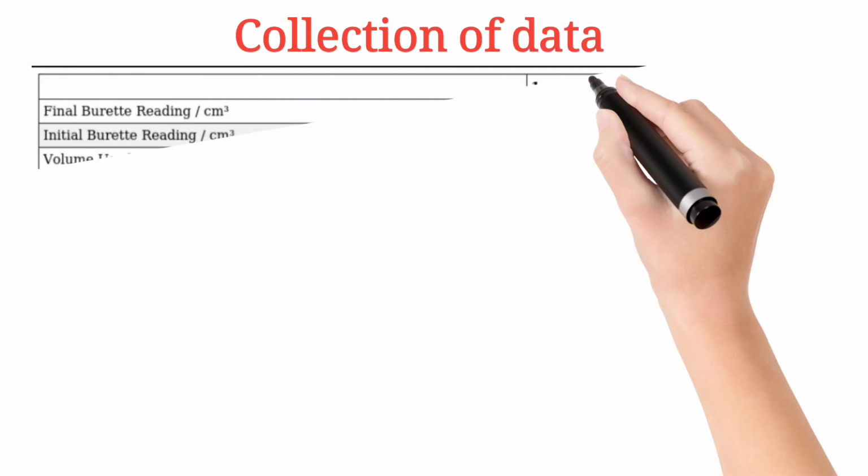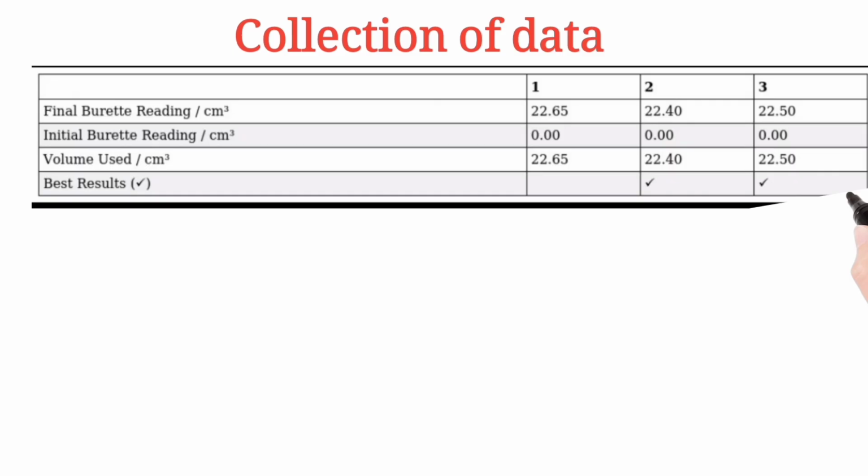Our case study demanded the collection of data. Now let's collect our data. All right, we have final burette reading, we have initial burette reading in cm cube, and then we have volume used and best results, where 1 indicates the first titration, 2 indicates the second titration, and 3 indicates the third titration.